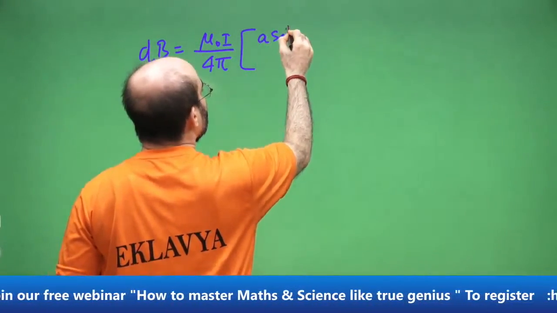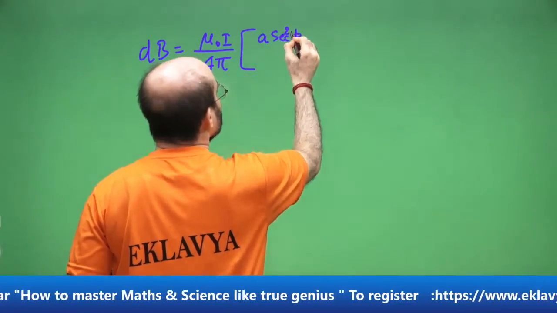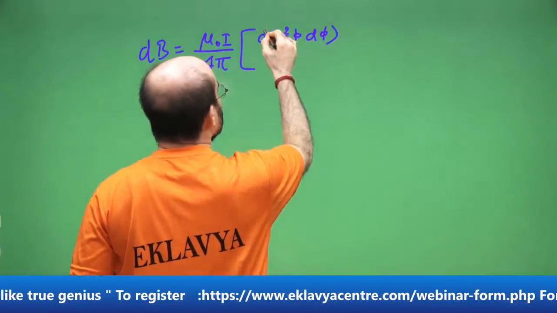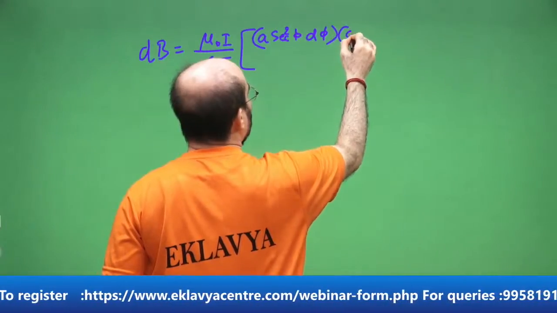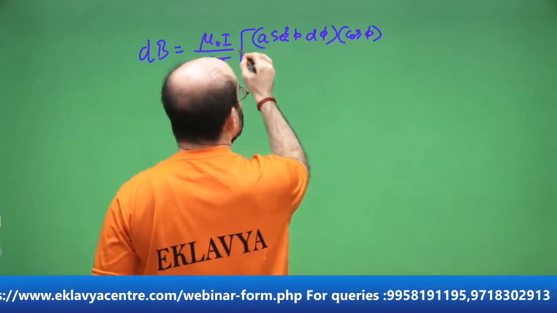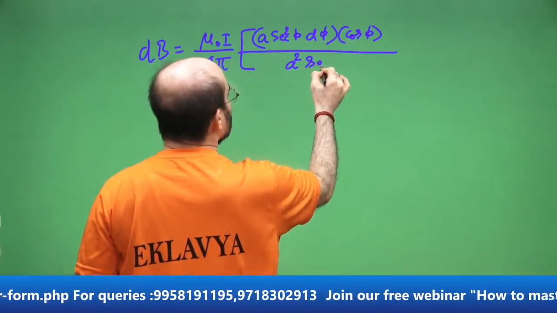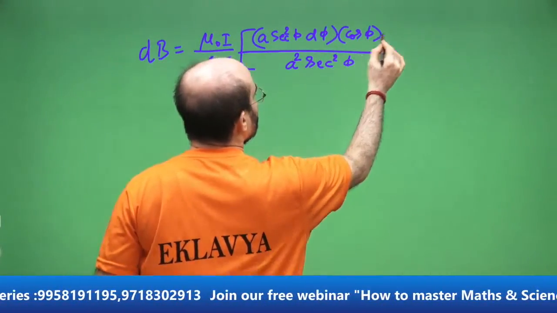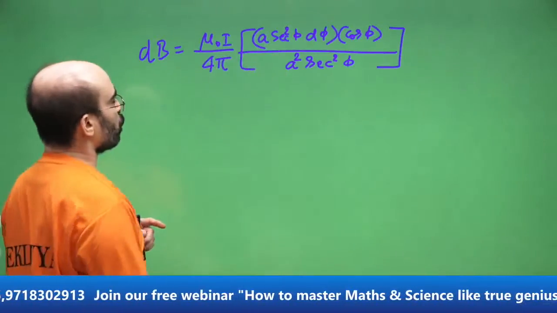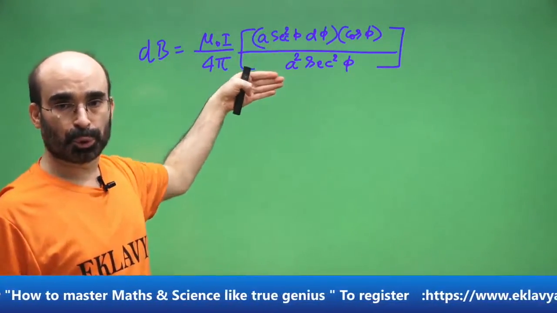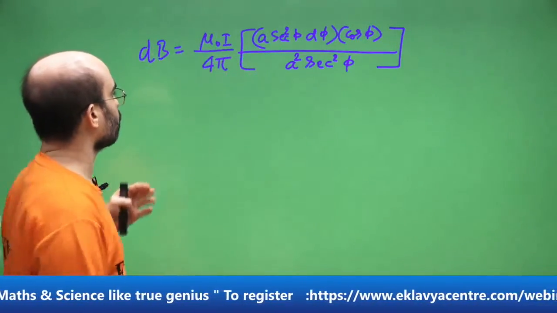So a sec square phi d phi into sine phi becomes cos phi, divided by r square equals a square sec square phi. So these things were found in this new expression.